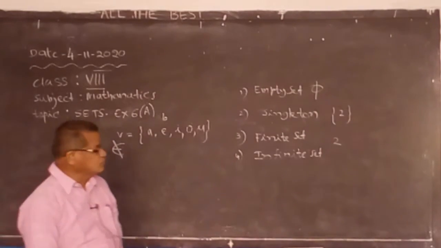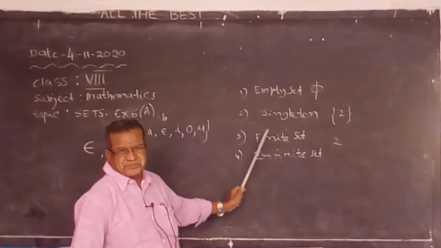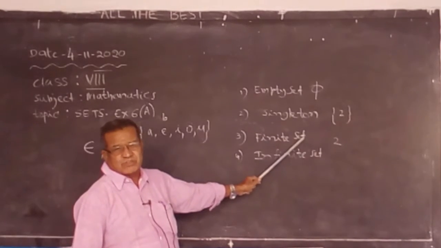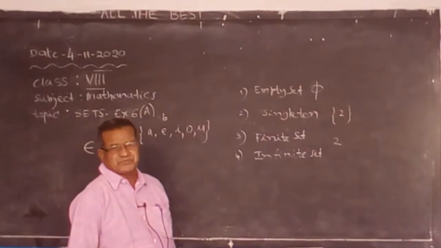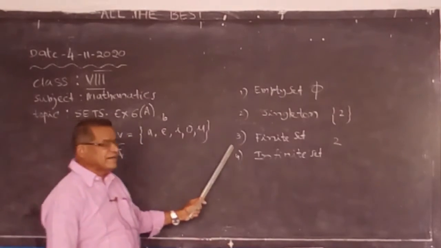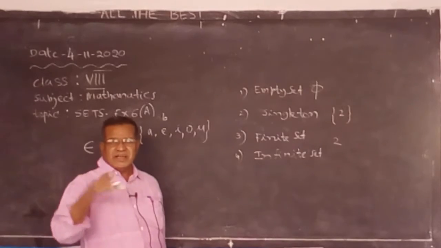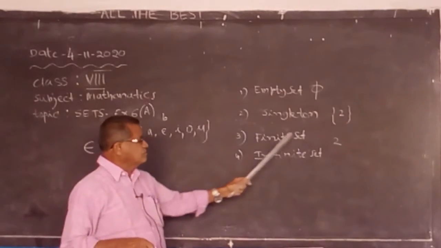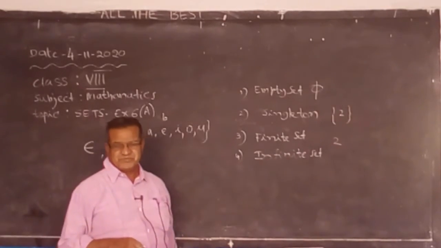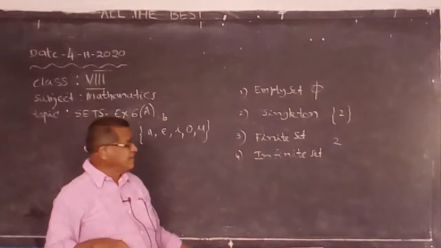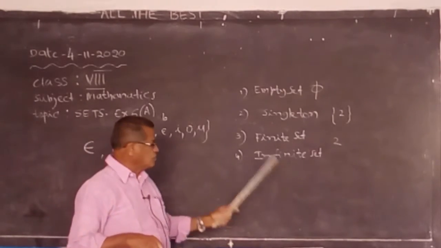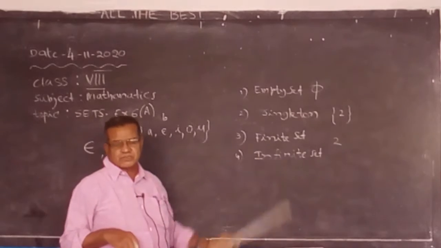It has countable elements. We can count from starting to ending. We get a starting number, and also there is an ending.